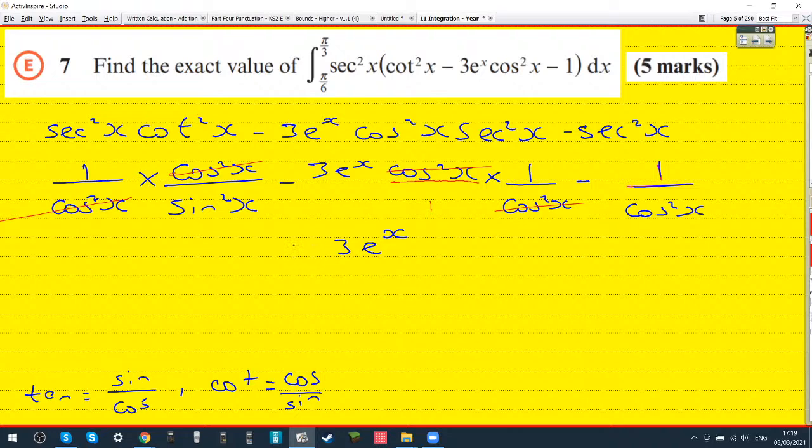3e to the x. So what is this bit here? 1 over sine squared x. And what is 1 over sine squared x the same as?